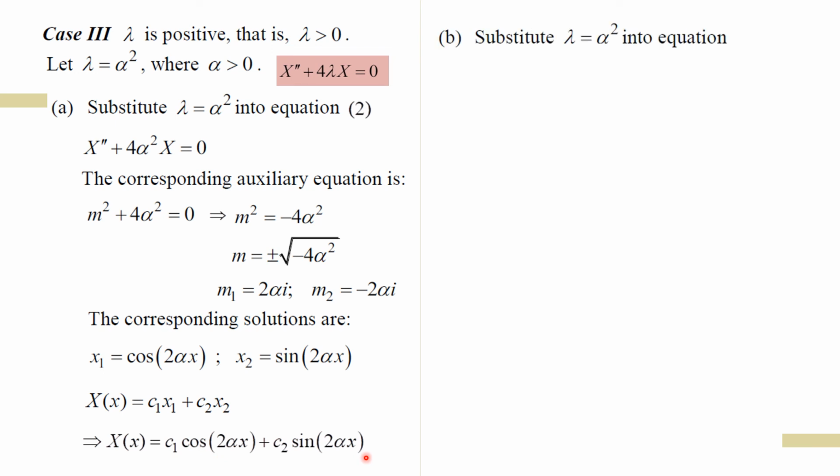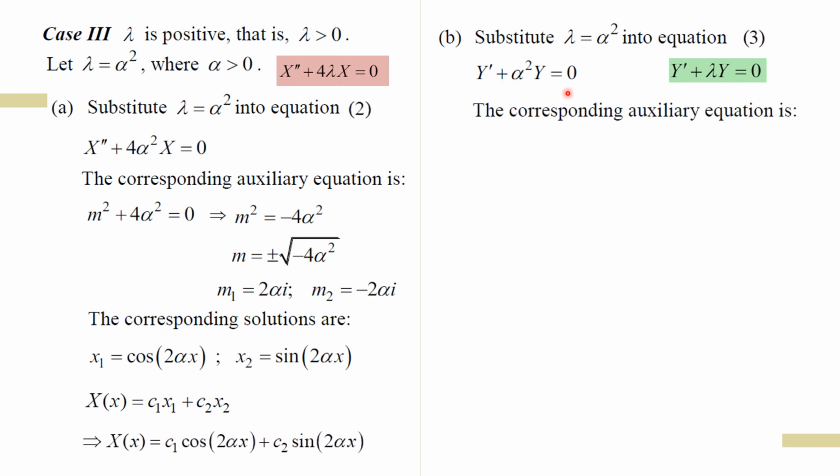The next step is to substitute lambda equals alpha squared into equation number 3. Okay, y prime plus lambda y equals to 0. Replace lambda by alpha squared, so we get this equation y prime plus alpha squared y equals to 0. The auxiliary equation is m plus alpha squared equals to 0. This shows that m is equals to negative alpha squared.